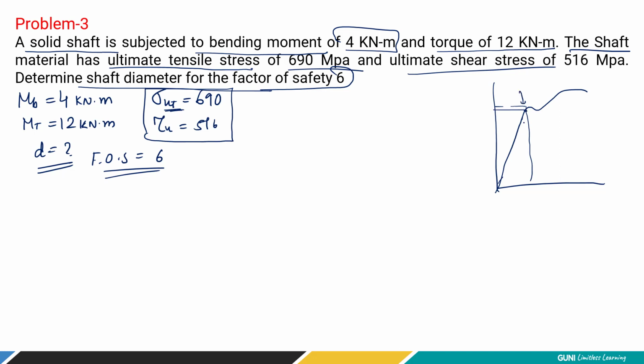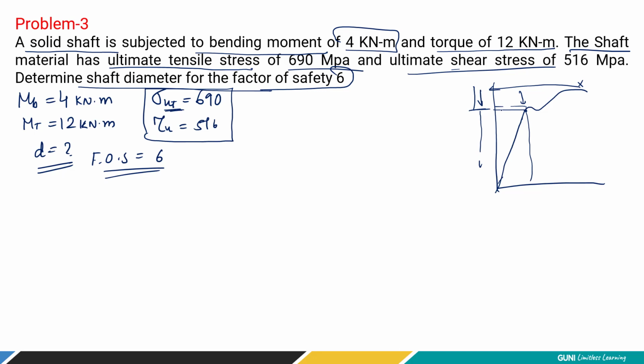This is the elastic limit, or you can say the yield limit. Whenever stress is induced, we try to keep it under this value. We are not trying to go beyond this. But here we are given ultimate stress. Ultimate is the maximum stress which can be induced in a given section, so that is not useful in designing.